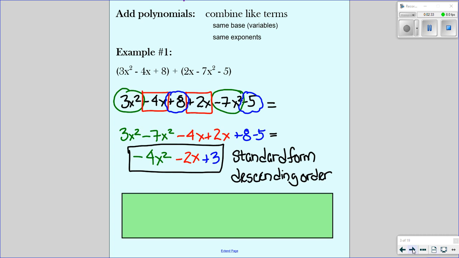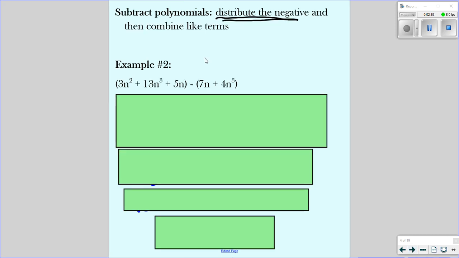All right, let's go on to the next one, subtracting polynomials. When it comes to subtracting polynomials, you distribute the negative and then combine the like terms. So you add in a step before you combine. For the second example, we have two polynomials that we're subtracting.